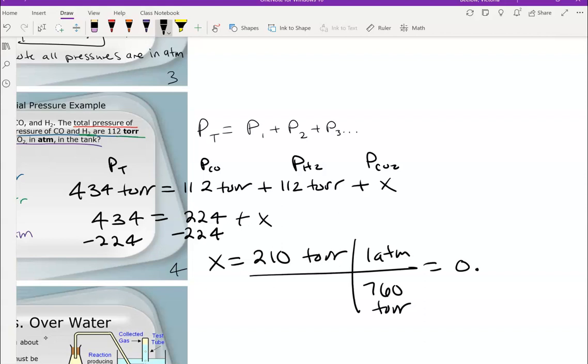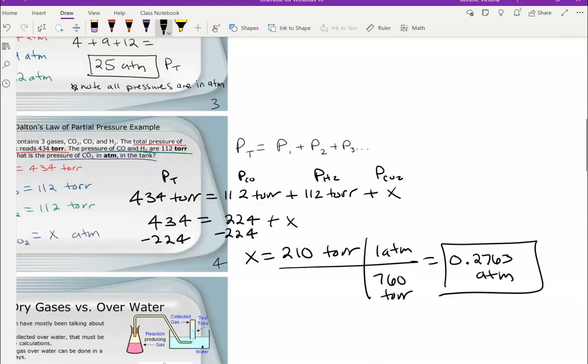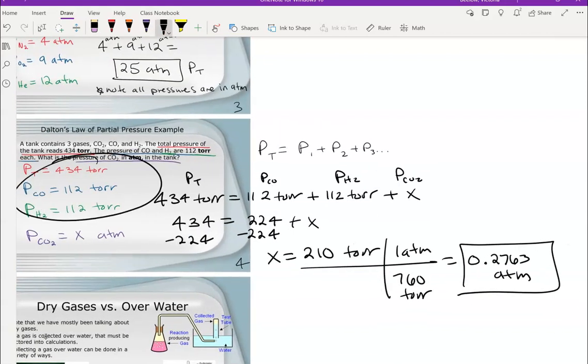And we're going to go 4 significant figures, 0.2763 atm. Now, you could have converted all of these into atm by doing a picket fence for each one and then plugged it into the equation, and then your answer would have been in atm. But I feel like this is a little less work because you're only doing 1 picket fence versus 3. And that would be your final answer.